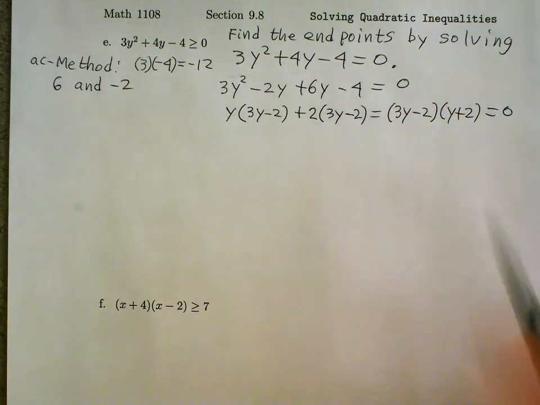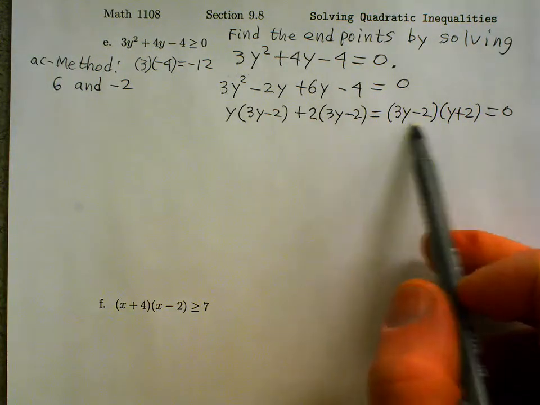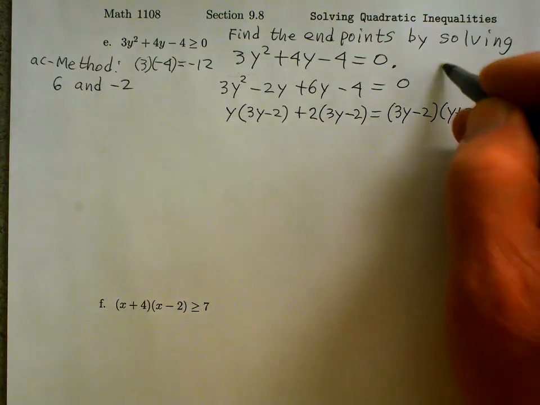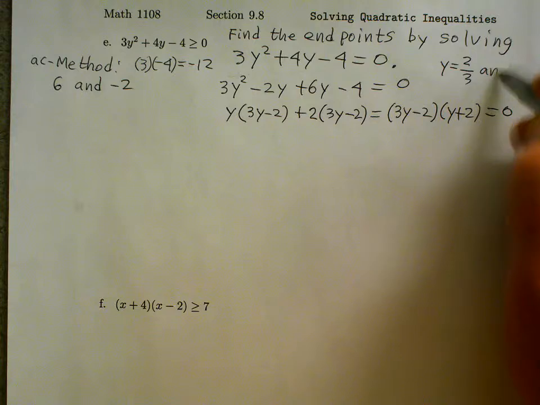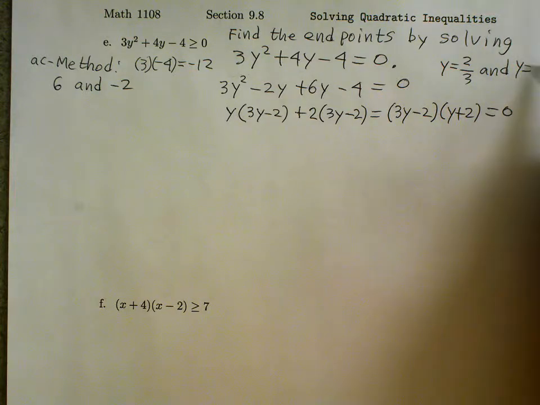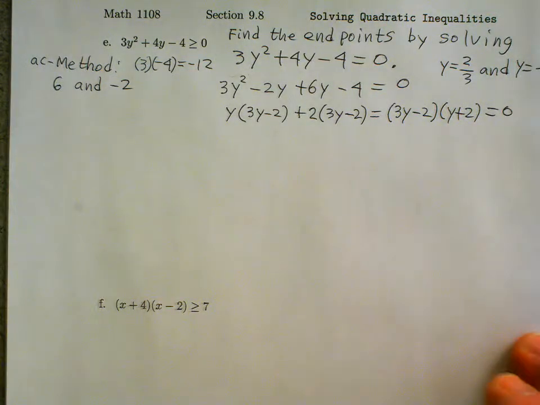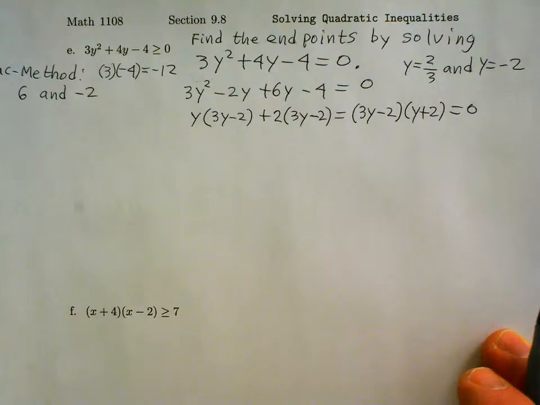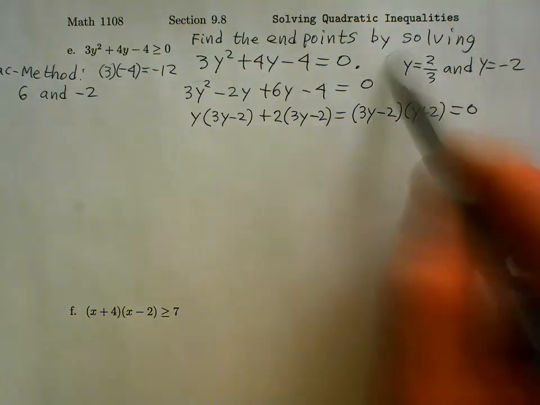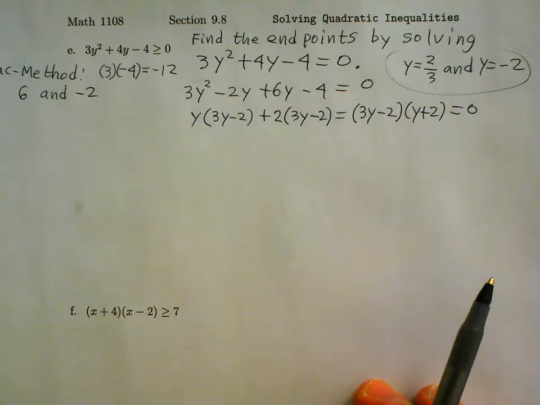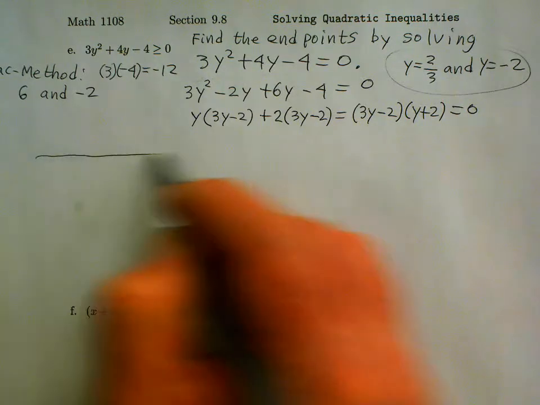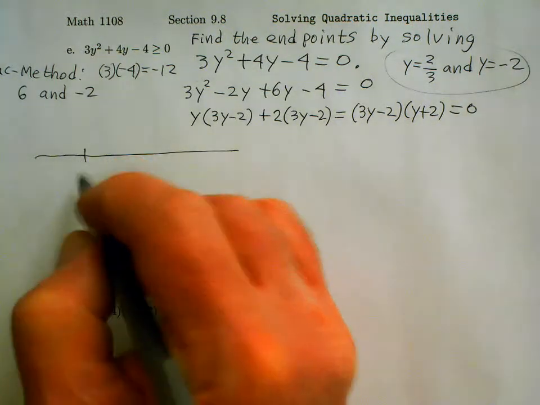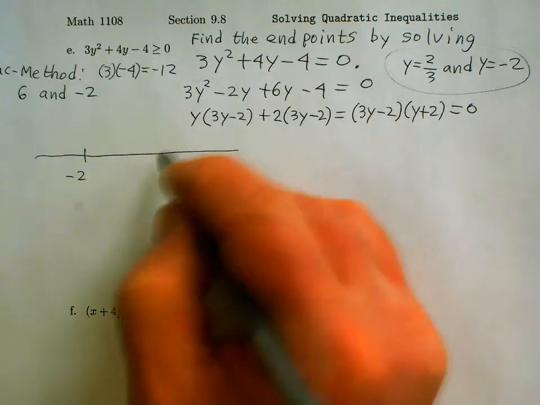So the endpoints are y equals positive 2/3 and y equals -2. All right, so we'll plot the endpoints on the number line, -2 and 2/3.